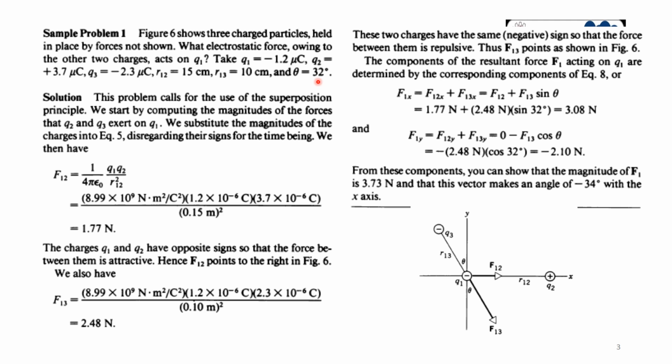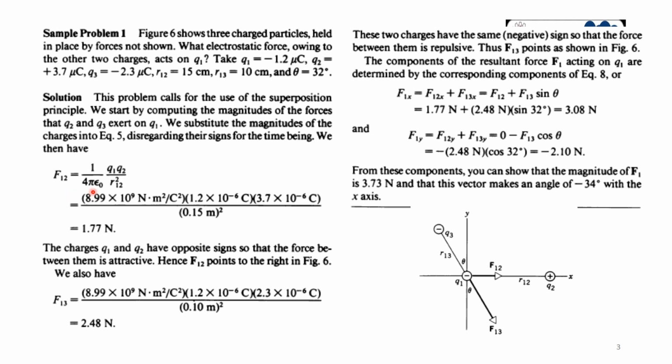Okay, now this is the data which will be taken from this figure. Now, how can we solve this numerical, and how can we find the electrostatic force between these two charges?